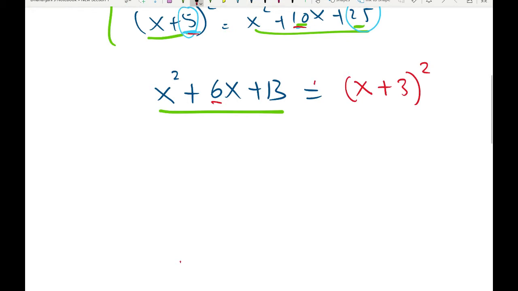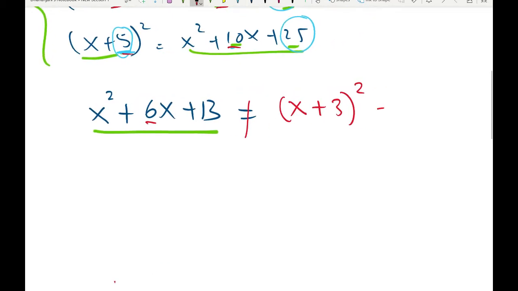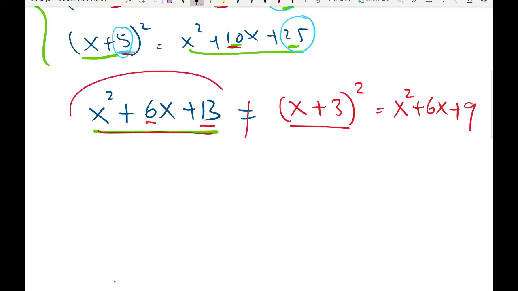No, right? These two are not the same because x plus 3 square is x square plus 6x plus 9. Here you have 13. So that little trick that we found doesn't work here. So what can we do? Well, x plus 3 square is almost x square plus 6x plus 13. How off is x plus 3 square from becoming this function?